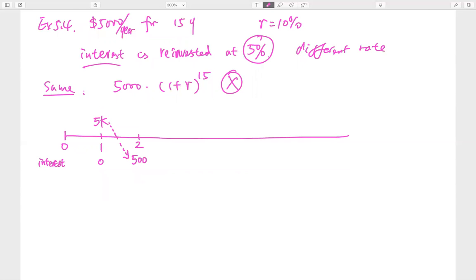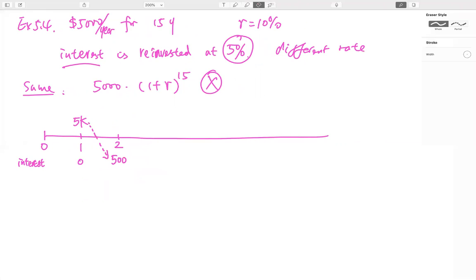Next, she deposits another one. So it's somehow difficult to write. So let me put two things down here. There are two numbers.